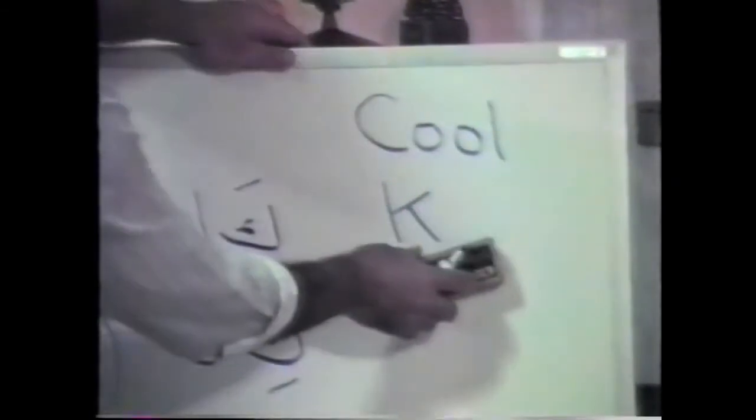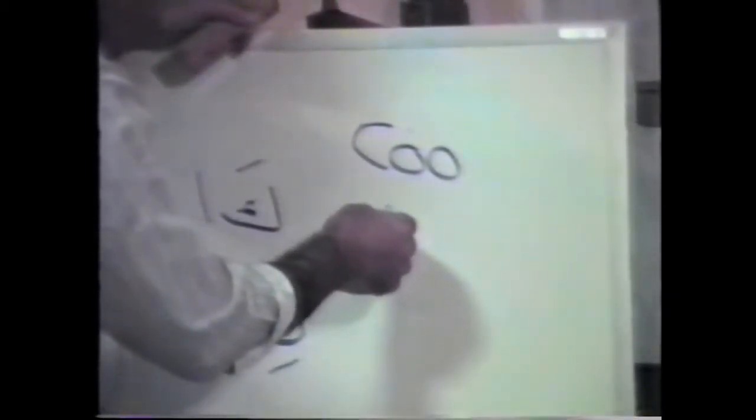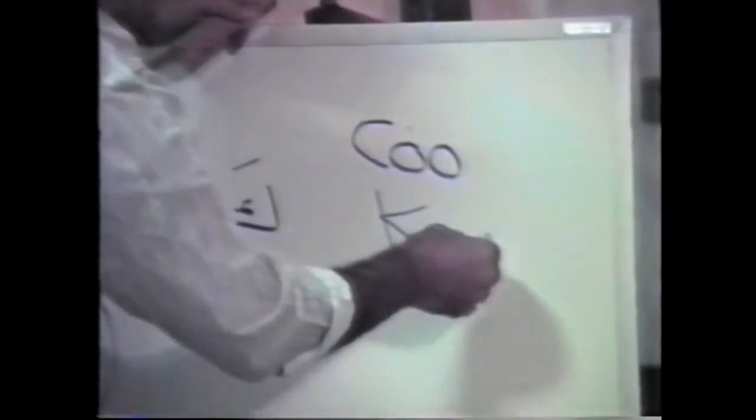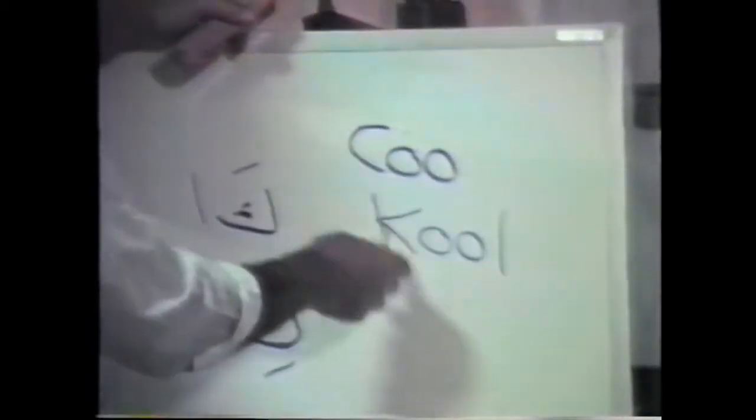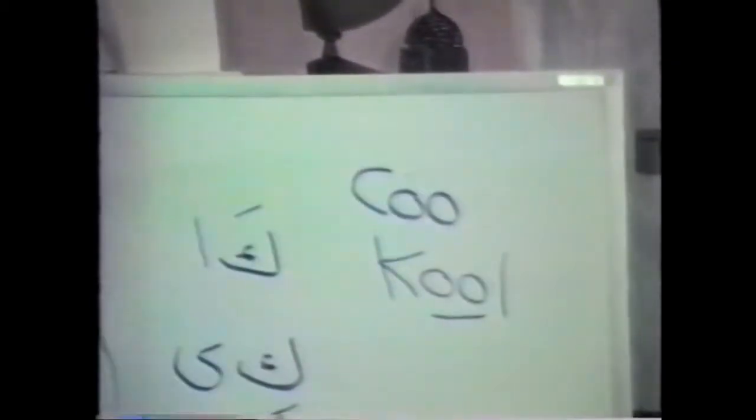We need a short one. Anyway, coup d'etat, as in coup d'etat. How do you spell that? Oh, it's not long, huh? Cool. Okay, cool. This is a short cool, and this is a long cool. This is an English word, huh? Well, live and learn.